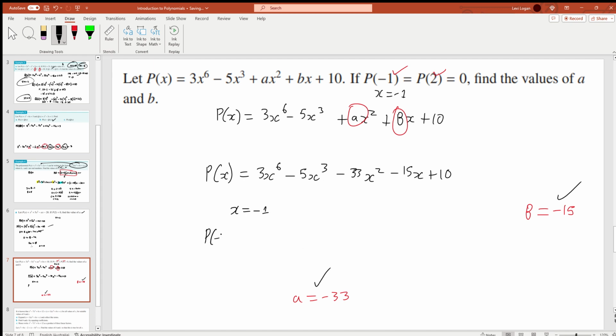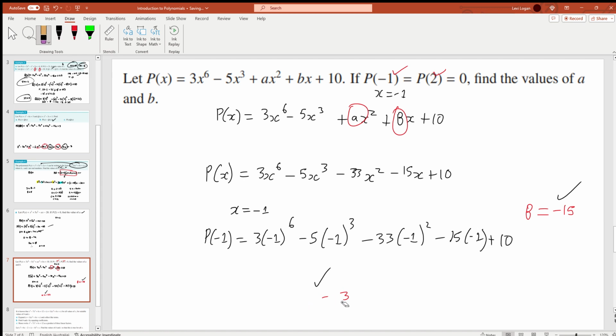So p of negative 1 is going to be 3 times negative 1 to the power of 6, minus 5 times negative 1 to the power of 3, minus 33 times negative 1 all squared, minus 15 times negative 1, plus 10. Let's see what we get. So p of negative 1: this is going to be positive 3.